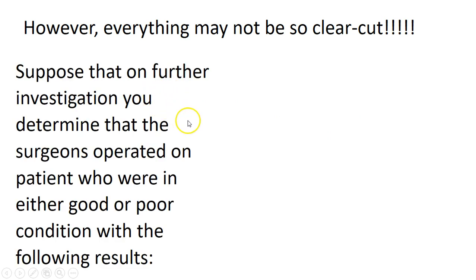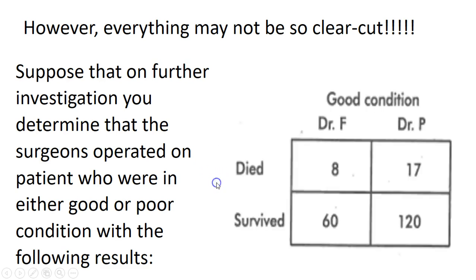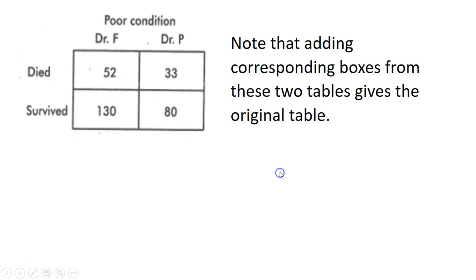Suppose that on further investigation, you determine that the surgeons operated on patients who are in either good or poor condition, because that's huge. This right here is good condition. So this person right here had only 68 total people who were in good condition. He had 137, and that's poor condition. And people in poor condition, he had 130 survive.